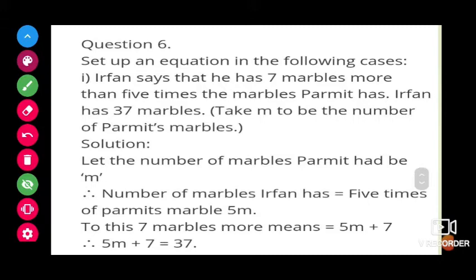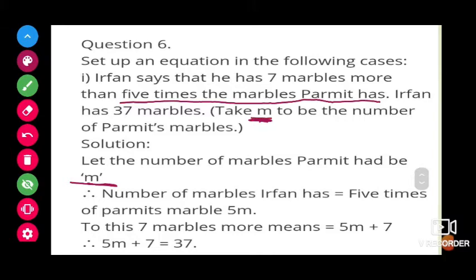Now what they are saying: Irfan says that he has 7 marbles more than 5 times the marbles Parmit has. Take the variable m to be the number of Parmit's marbles.